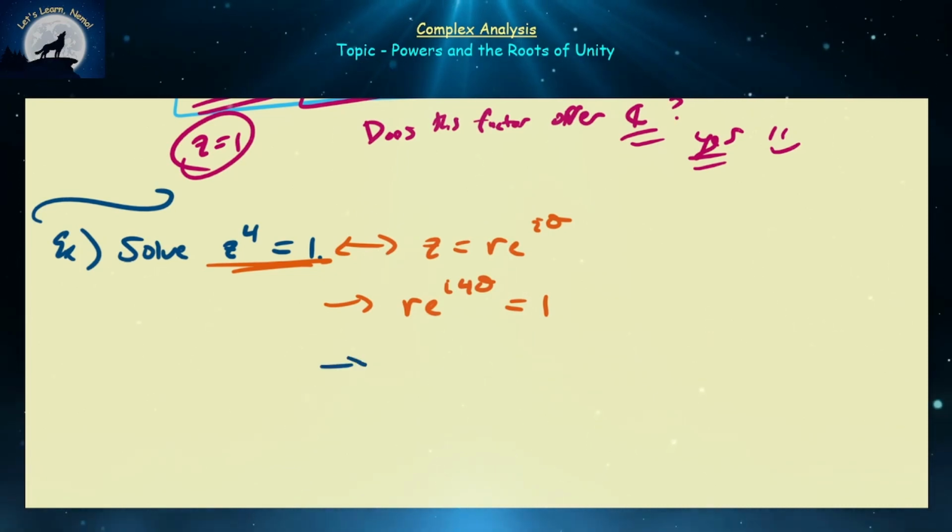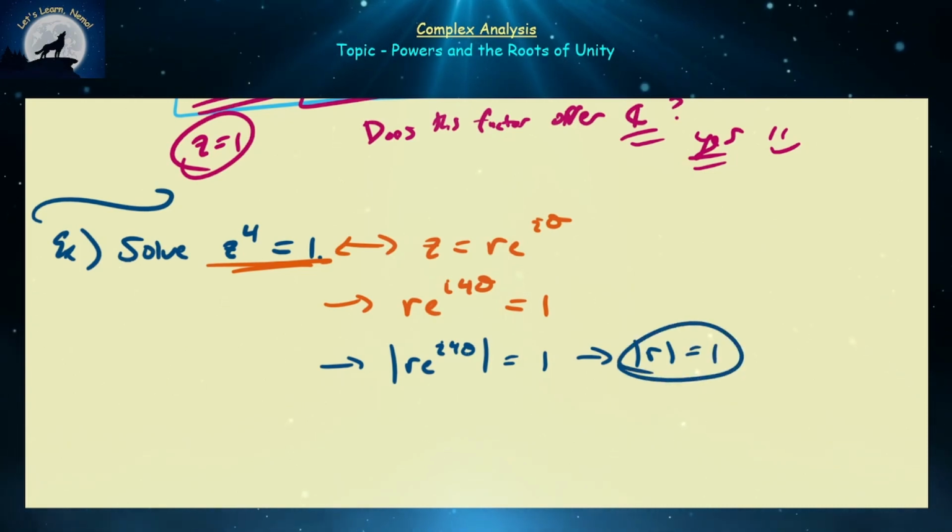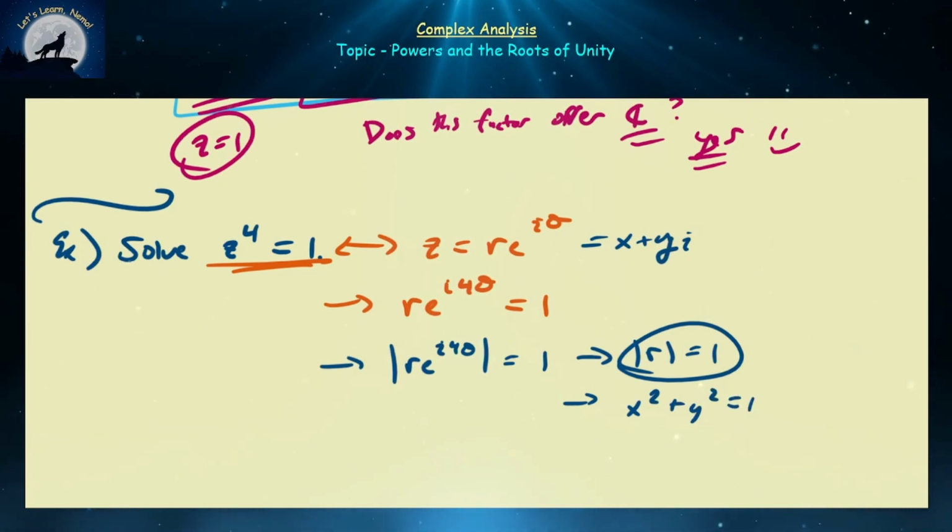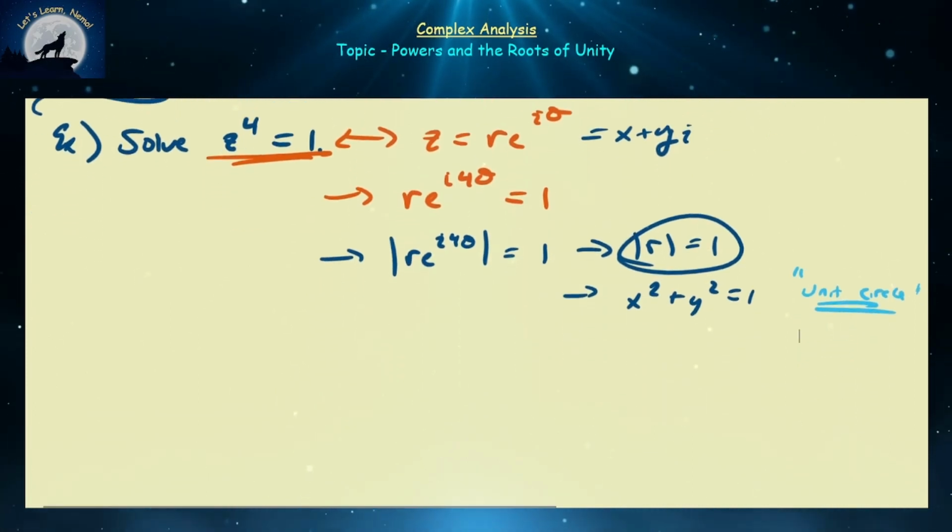So what numbers z will satisfy this particular equation? Well, if we take the norm of both sides of this equation, you're going to have that the norm r will be equal to 1, which means that the x and y values of z will satisfy x squared plus y squared equal to 1, right? So keep in mind that's usually what we refer to as our unit circle. So from here we can clearly see where they are located.